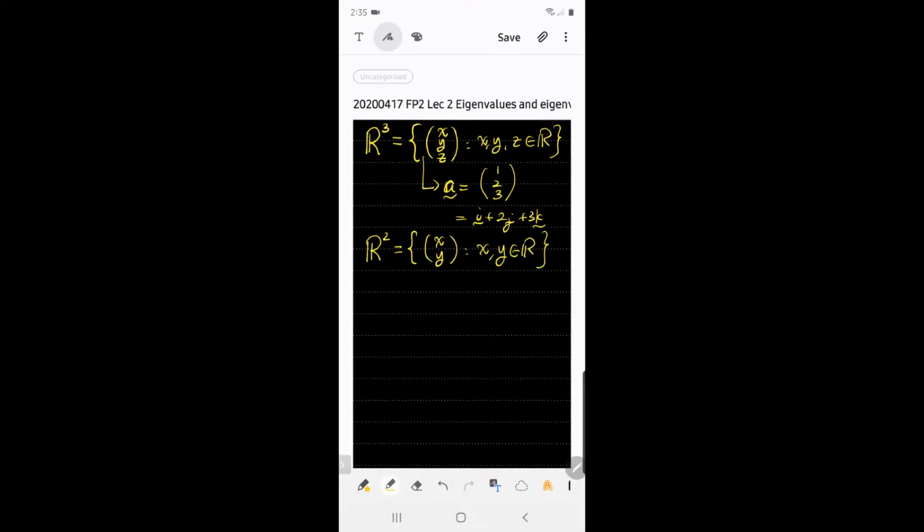So actually the Rn you have learned before. If I talk about R4, it basically means you have 4 values there. It's a column vector in the form x, y, z, and we have one more element at the fourth row. You call it t. So you have x, y, z, t, and they are all real numbers. That's why you call it R4.